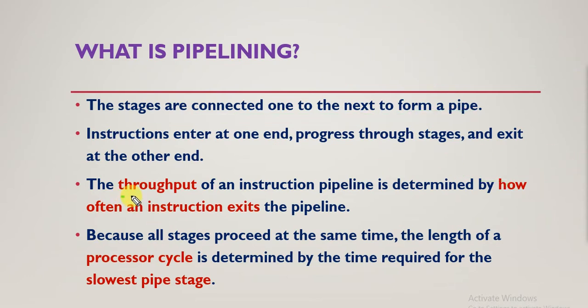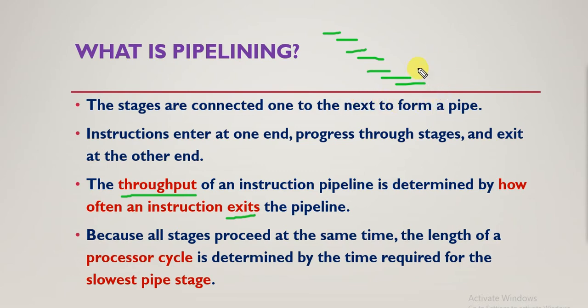Now the advantage: the throughput of an instruction pipeline is determined by how often an instruction exits the pipeline. So this is the pipeline, different instructions are executed in parallel, and we look at how often an instruction exits.